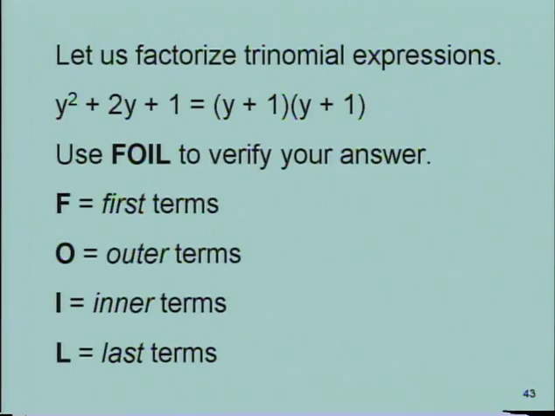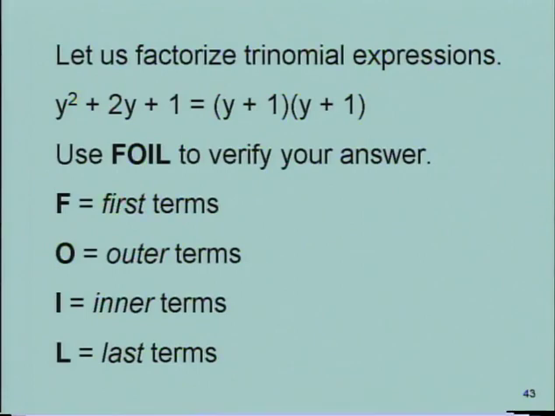In an expression as you see there on the right, y plus 1 times y plus 1, F will refer to the first term in each factor. The first term being y for the first, y for the second. O refers to the outer terms. In this case, the outer terms being y and 1.